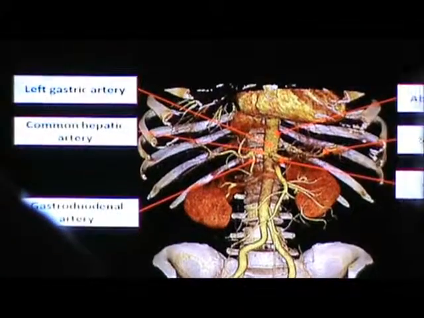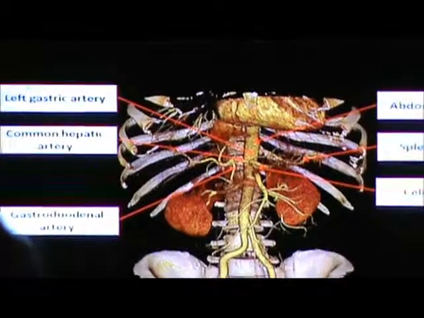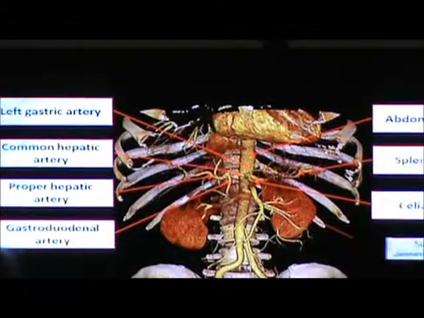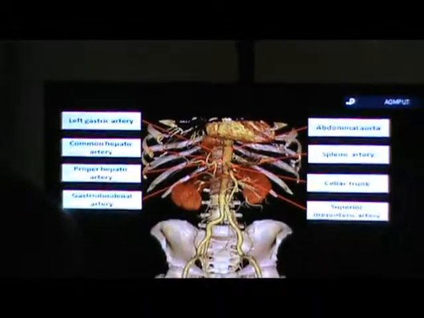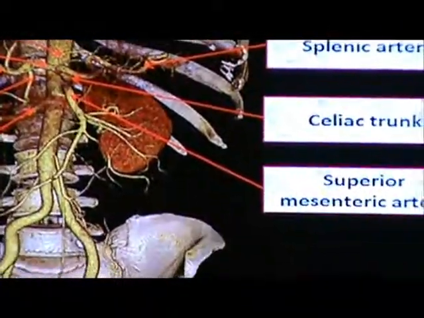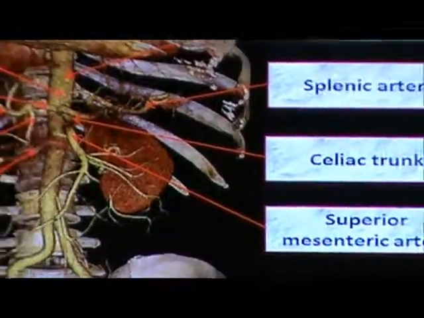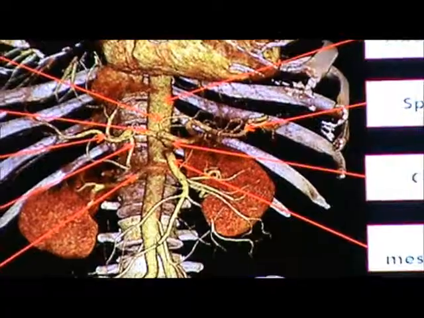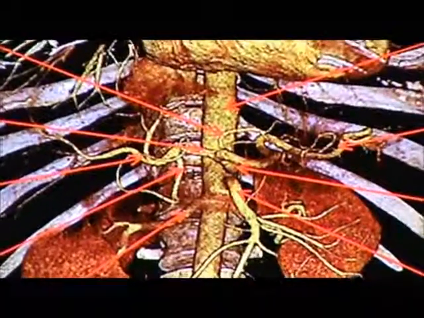Of course, after sending the gastroduodenal artery, it changes its name into proper hepatic artery. And we have also the superior mesenteric artery and the paired renal arteries. So this is the right. The left one is here.